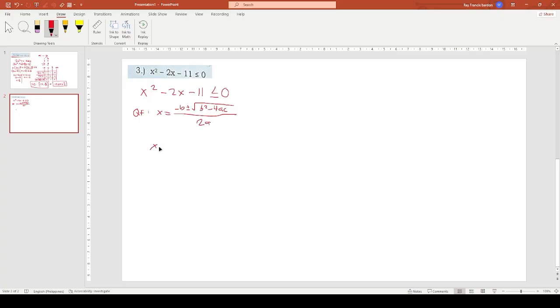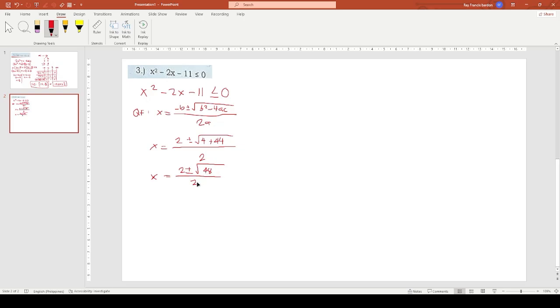So that is just x equals negative negative 2, so positive 2, plus or minus 2 squared is 4, minus 4 times a is just 1, c is negative 11, so minus negative 44 or plus 44, divided by 2a, which is just 2. So x is equal to 2 plus or minus square root of 48 over 2.